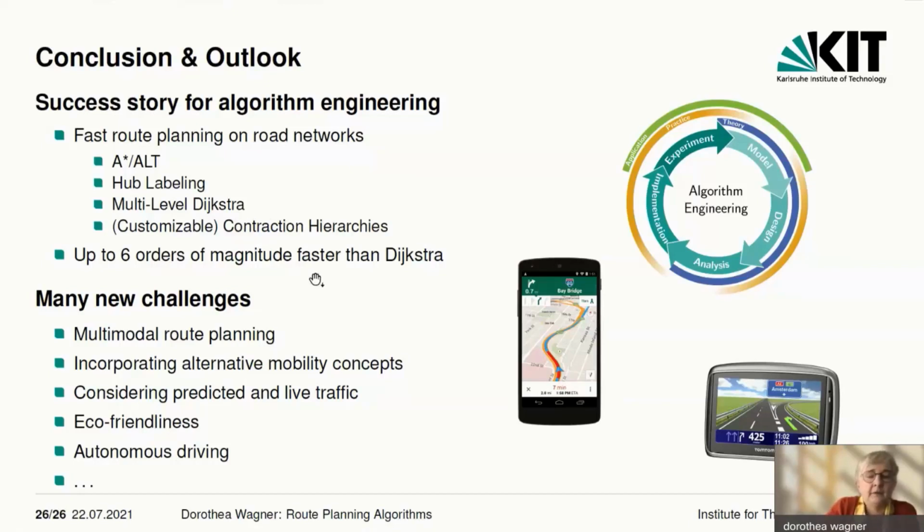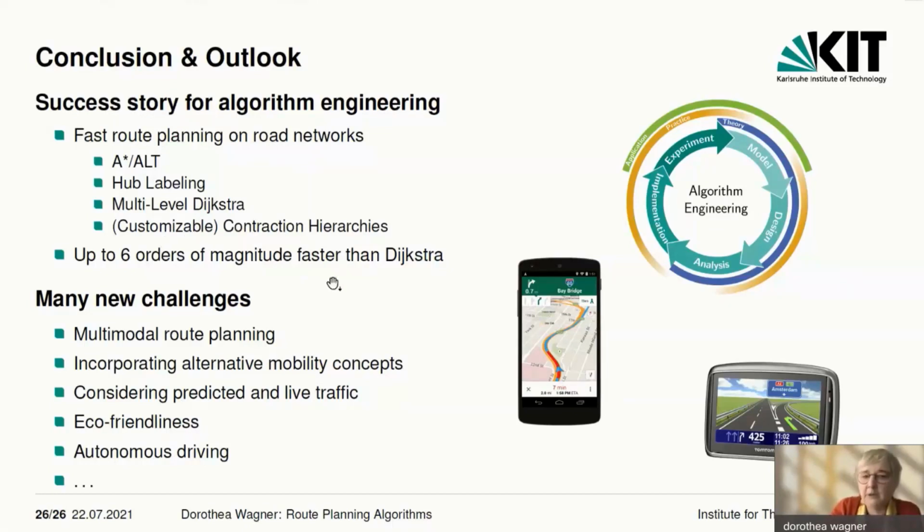So what comes next? There are many new challenges, and from the perspective of public transportation, we have to, again, look in more detail at the basic scenario, timetable information. And Jonas will do this this afternoon. Of course, one could say, well, let's model a timetable as a graph and then apply these techniques.